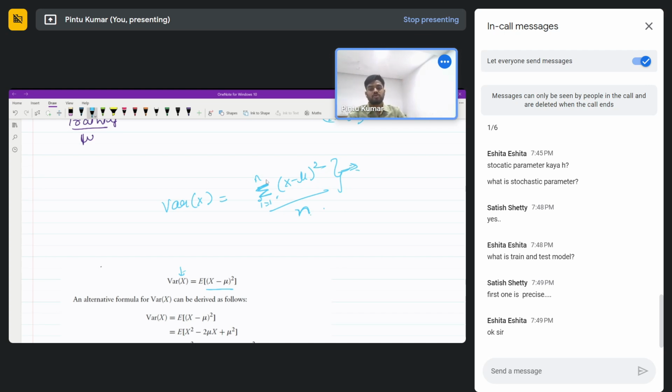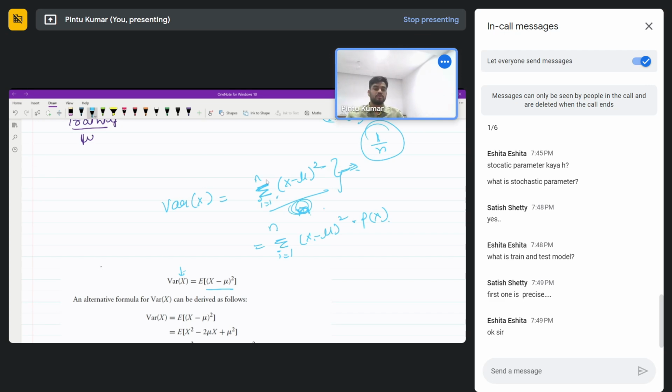Again, like in the average case, we multiplied them with their probability. So here also, rather than dividing by a constant, the probability of 1 by n, for a random variable we can define it in this form: x minus mu square into probability of x.